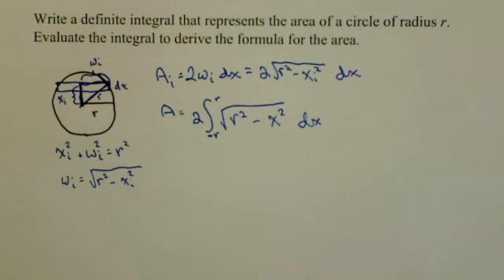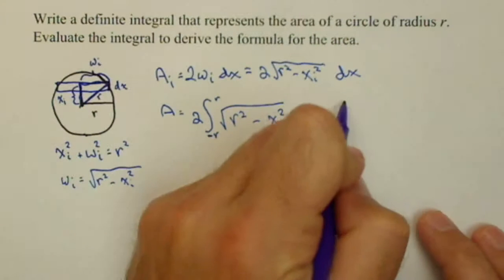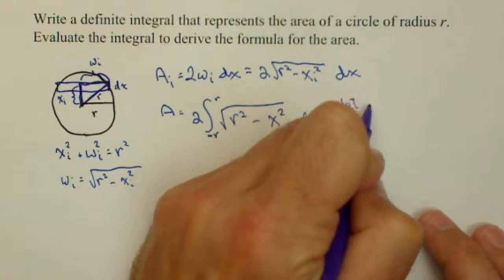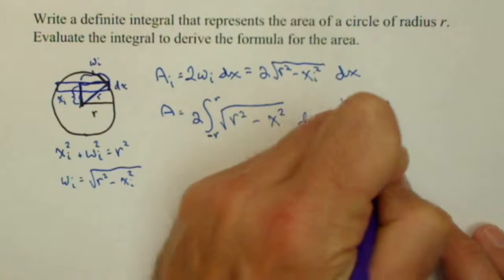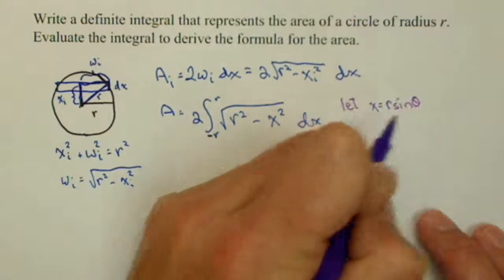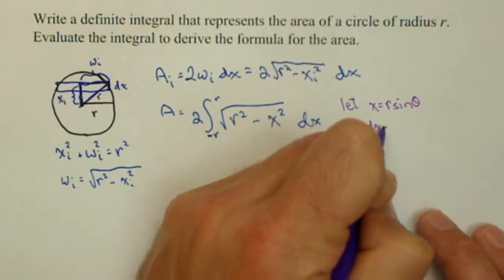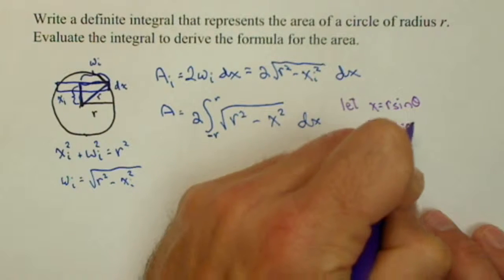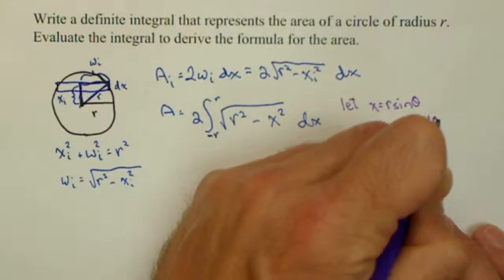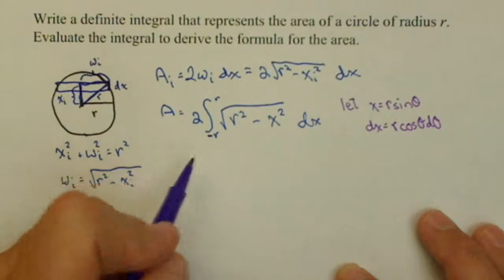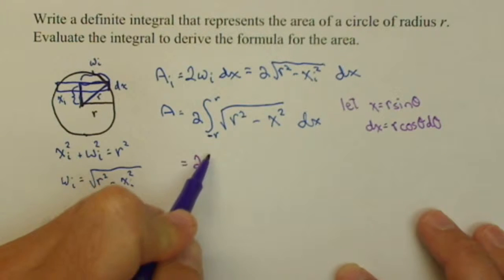Now, to solve this definite integral, you could use the table of integrals, or we could use a trig sub. So let's go through it with a trig sub, and in fact we're going to let x equal r sine theta, and therefore dx equals r cosine theta d theta. Alright, so let's plug everything in and see what happens.